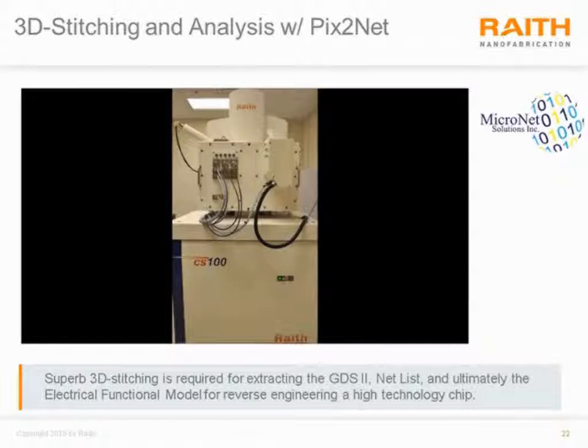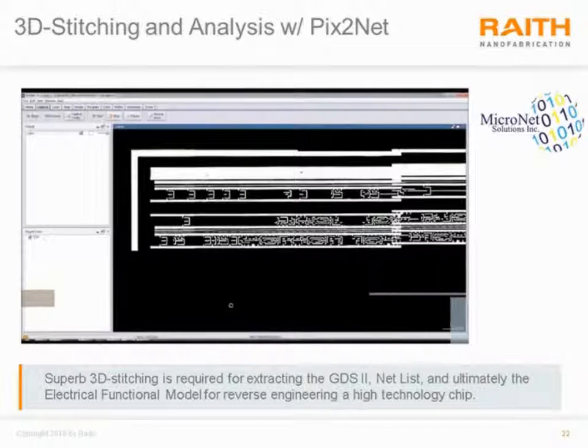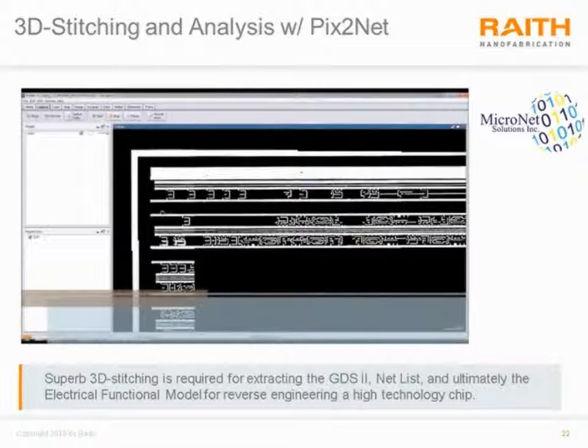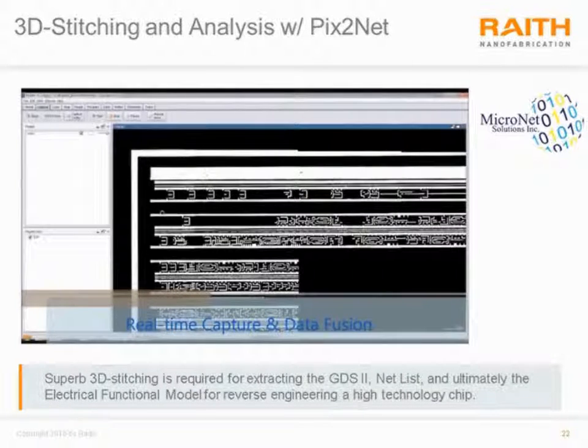So, the following video is going to show the images from 3 different layers of integrated circuit, metal layer 2, metal layer 1, and then a poly layer. So first, we see that the PIX2Net software can read in the images from the chip scanner in real time.